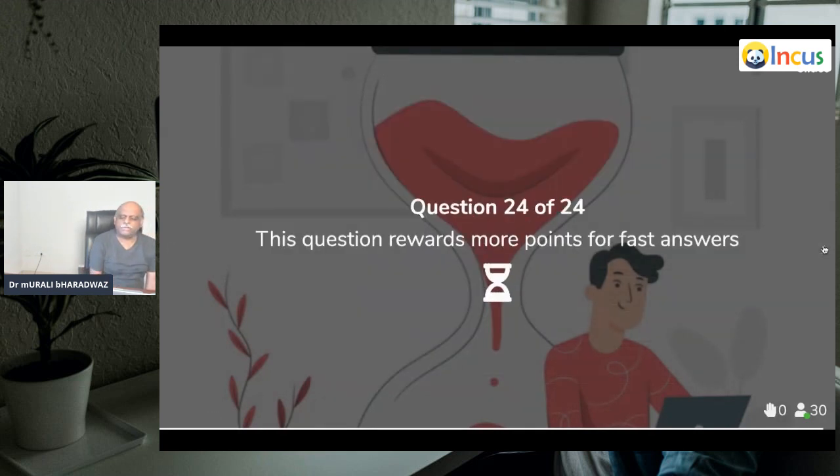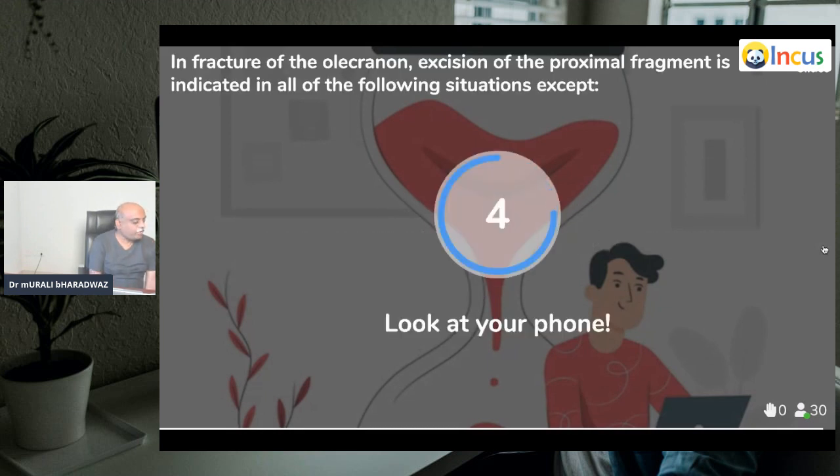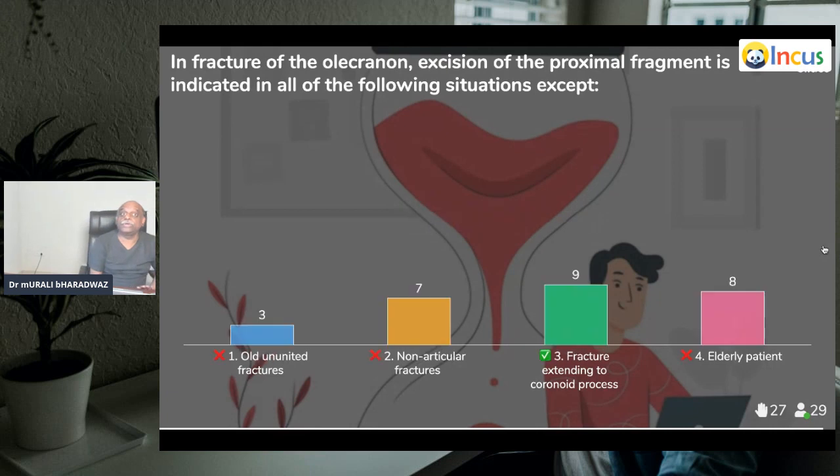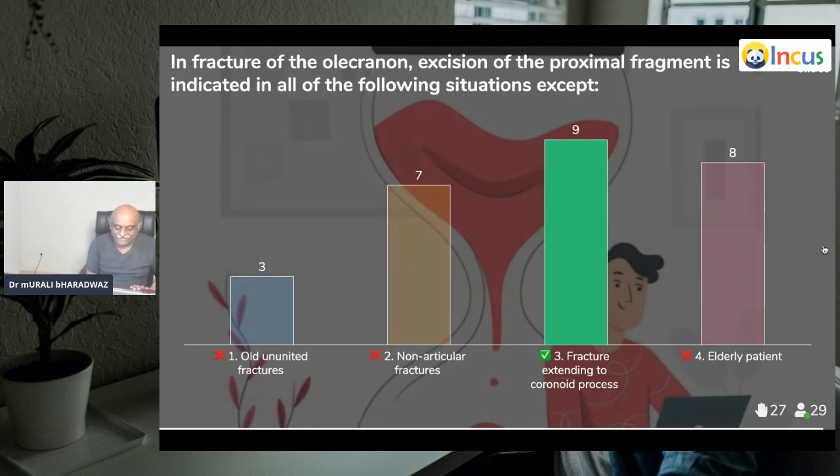Last question to decide who gets 40,000 rupees. In the fracture of olecranon, excision of the proximal fragment is indicated in all the scenarios except for this. You might have read orthopedics thoroughly. Nine of you have correctly answered.